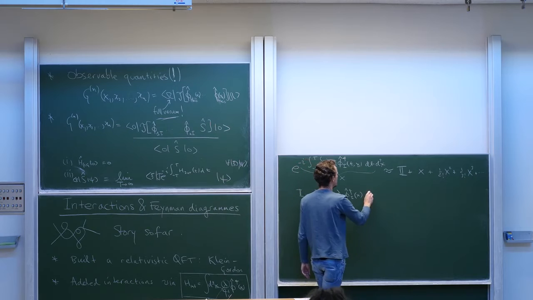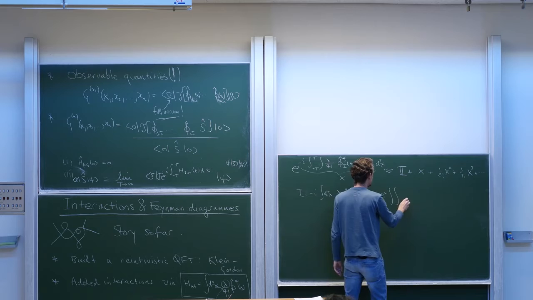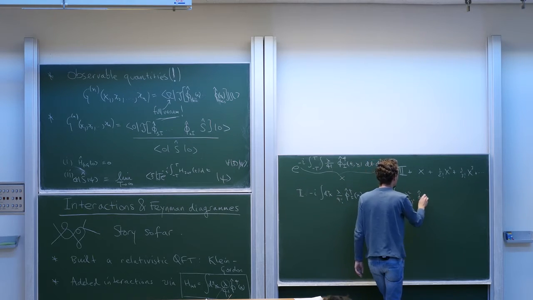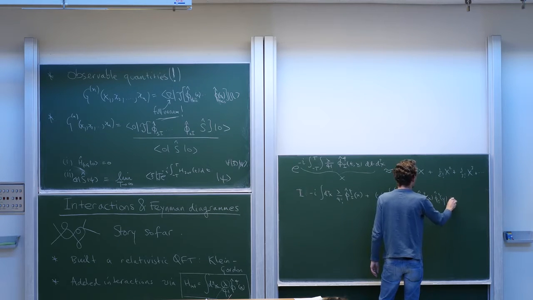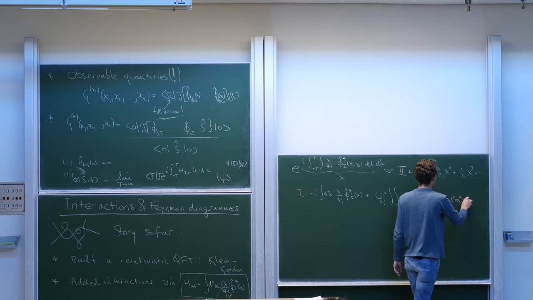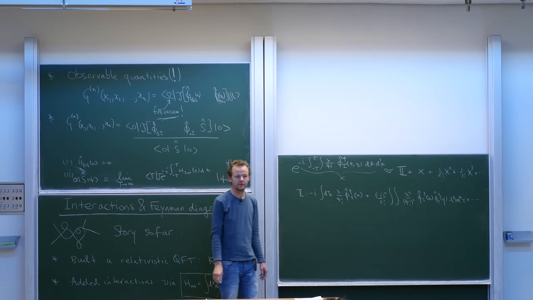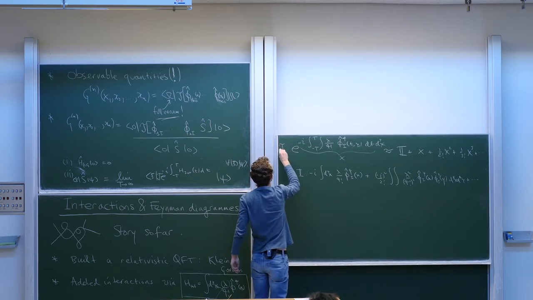And then we've got plus (minus i) squared on 2 factorial, the double integral, lambda squared on 4 factorial squared, phi hat I to the 4 of x, phi hat I to the 4 of y, d4x d4y, plus dot dot dot. Lots and lots of terms. They go on forever.